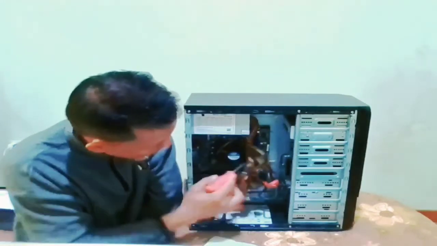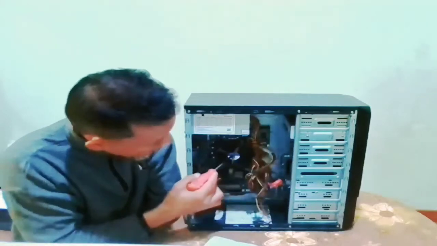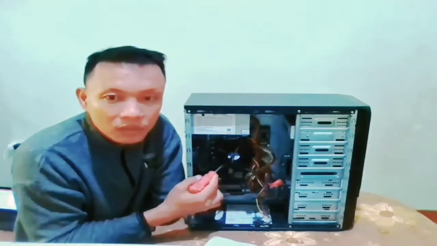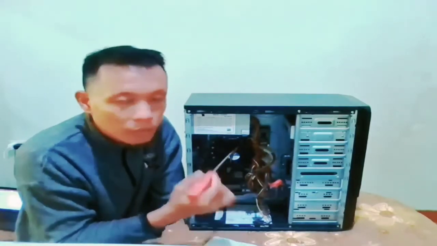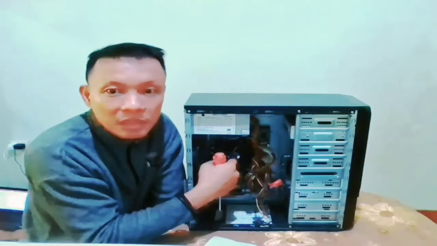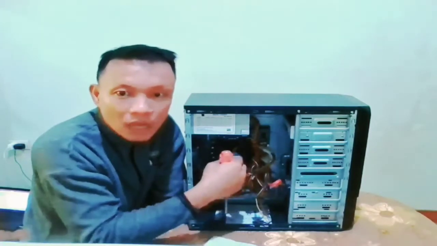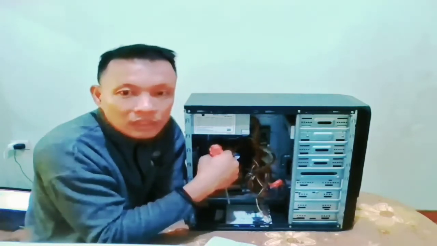As you have noticed, this big black blower right here is at the back of the CPU. The purpose of this blower is to cool down the CPU, which is why it is directly faced down to the CPU.